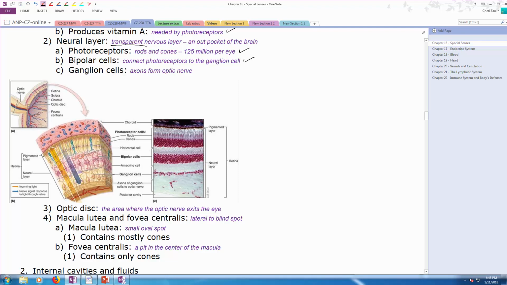So photoreceptors are at the back of our thin layer of retina, and the next layer is bipolar cells, and the very last layer, which is closest to the vitreous humor, are the ganglion cells. As we take a look at this histology drawing here, here are the nuclei of our photoreceptors.